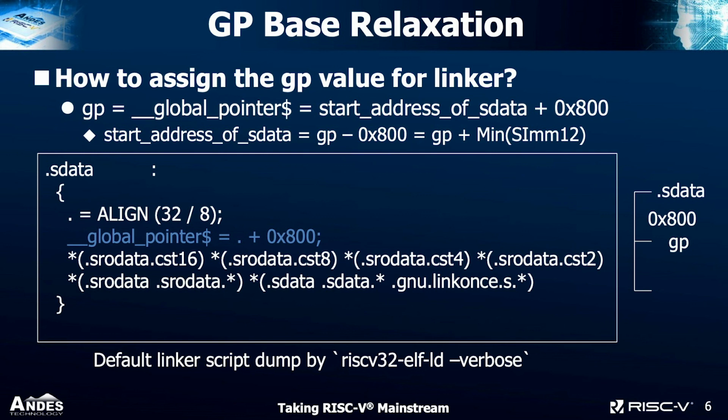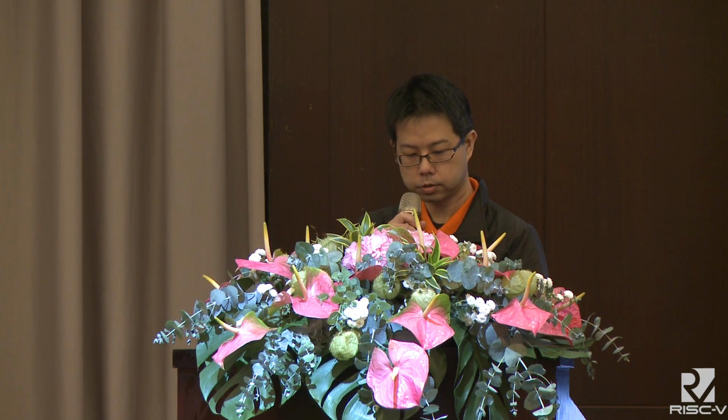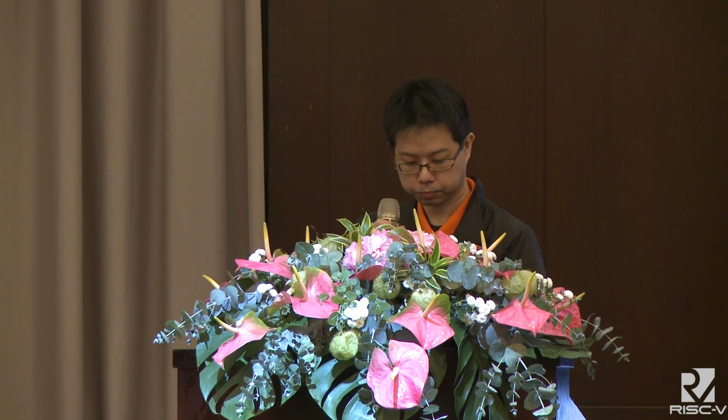But if you compare with PIC or RV64 with the large code model, there will be no small data sections by default, because linker relaxation is not supported for PIC or RV64 with the large code model. You can also use the compile flag small data limit to assign a custom small data limitation instead of 8 bytes.